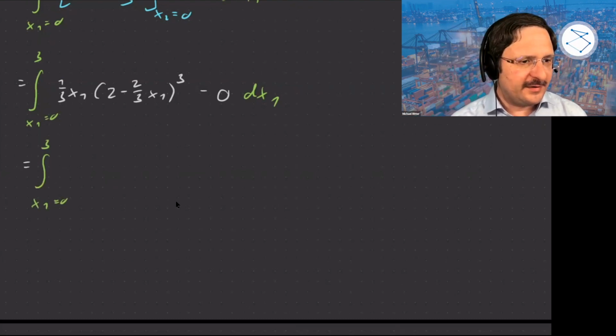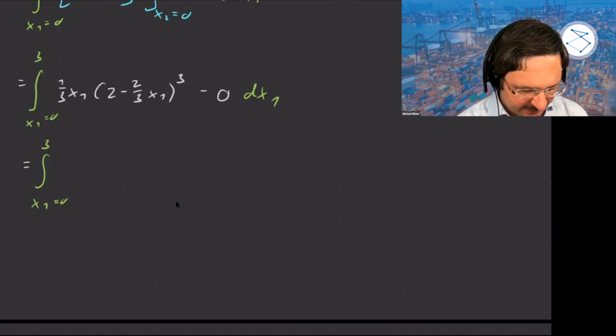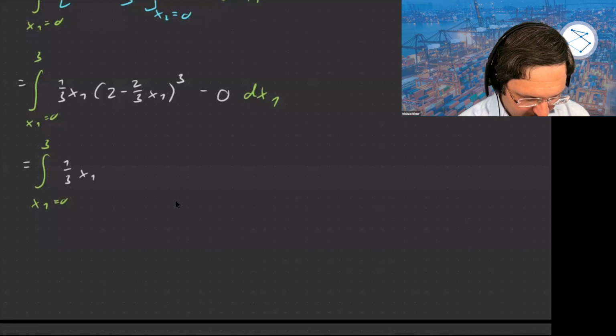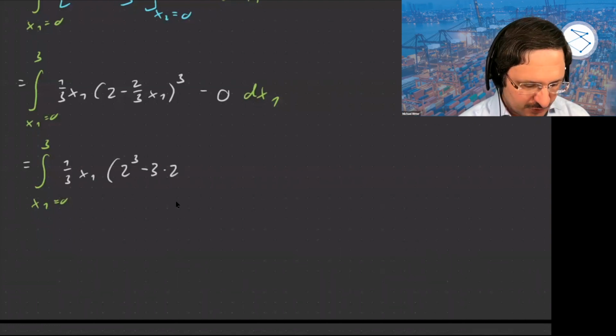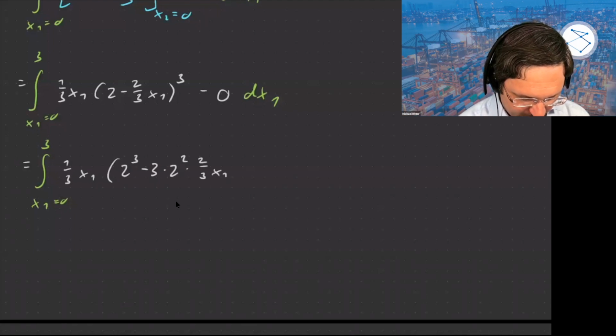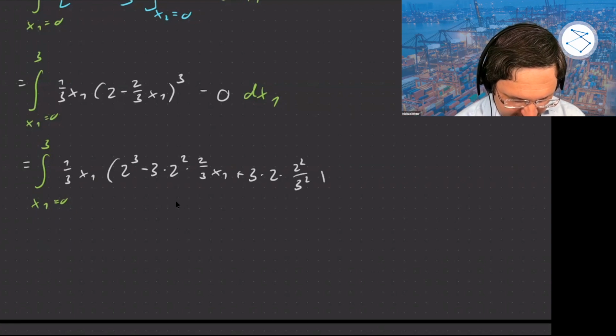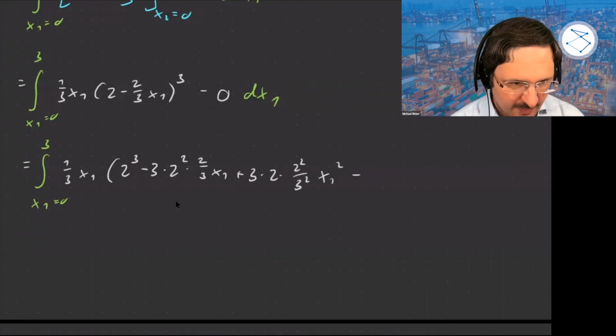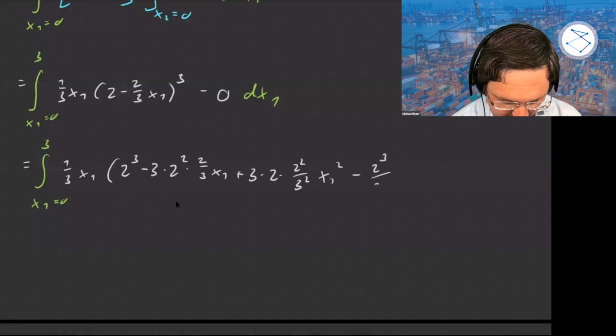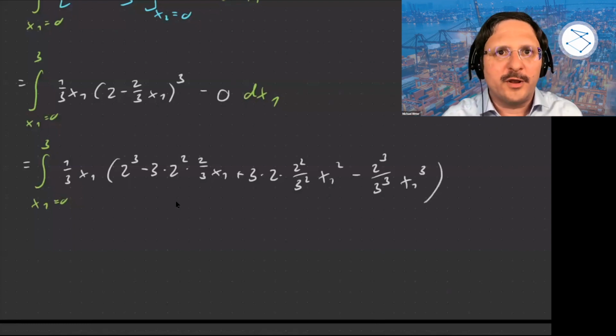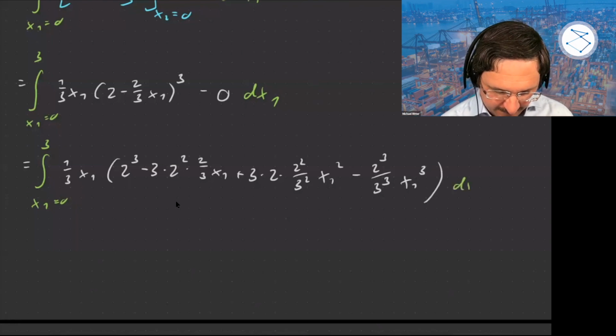And what we get here would be 1/3 x1 times 2 to the power of 3 minus 3 times 2 squared times 2/3 x1 plus 3 times 2 times 2 squared over 3 squared x1 squared minus 2 to the power of 3 over 3 to the power of 3 x1 to the power of 3. Generalized binomial formula. dx1.